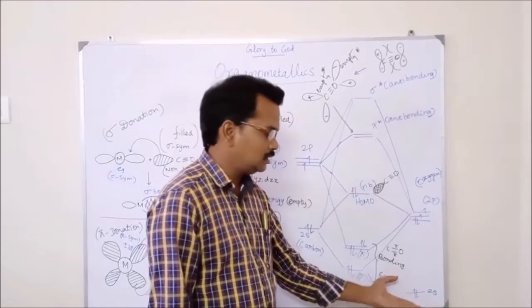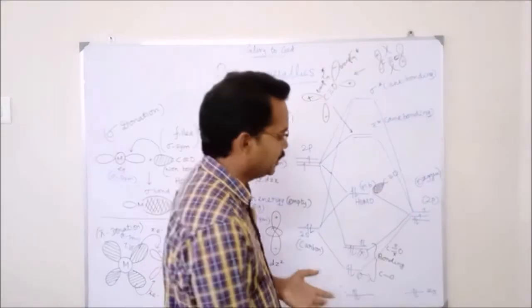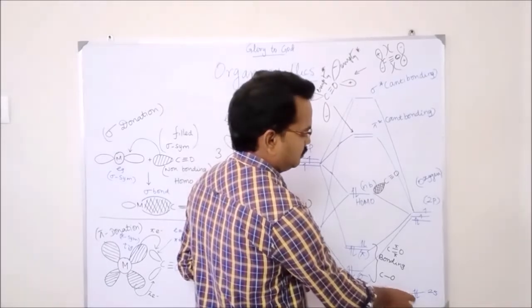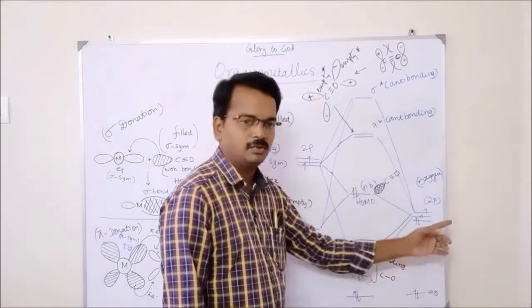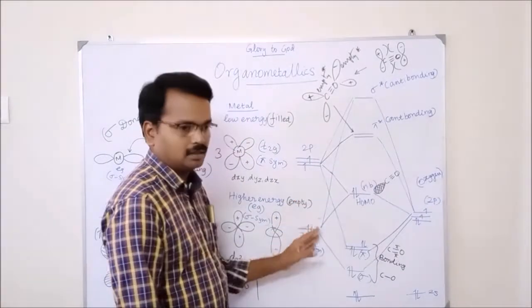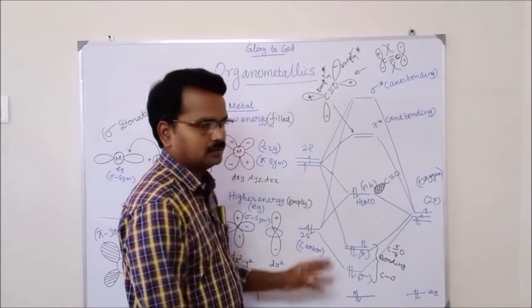The 1s orbital can be ignored to save space. In the 2s orbital we fill 2 electrons, and the 4 more electrons are filled in the 2p orbital. Similarly, we fill the electrons on the left-hand side for the carbon atom.